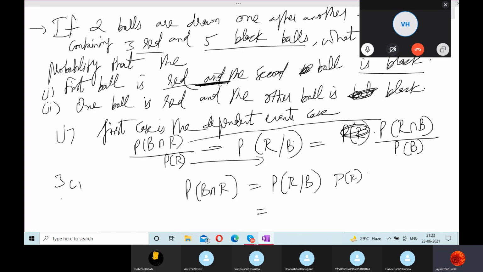So 3C1 divided by 3 plus 5, 8 balls. So 8C1. So that is 3 by 8. Now probability of red given black. This is not an easy thing. Or else we can do one thing.